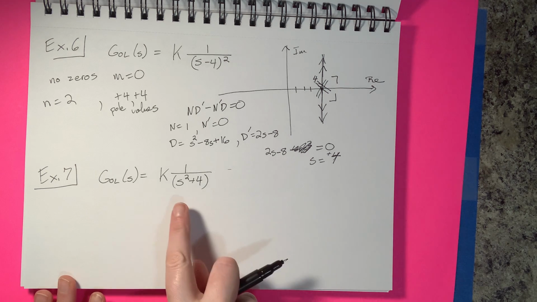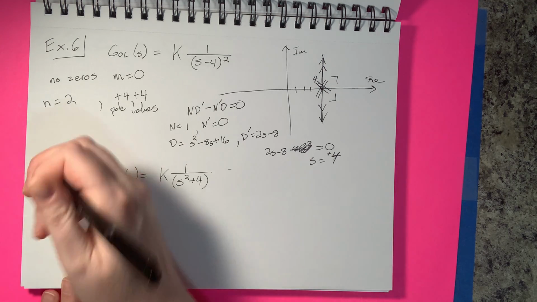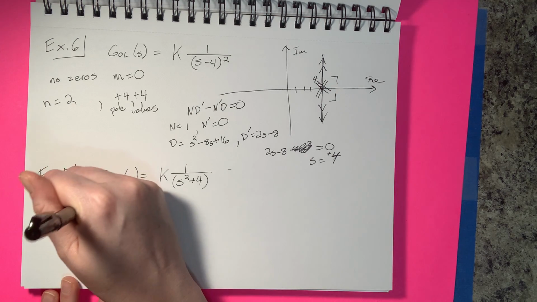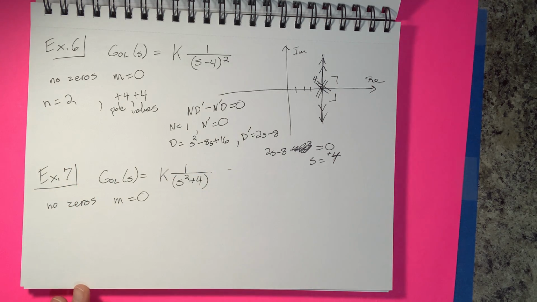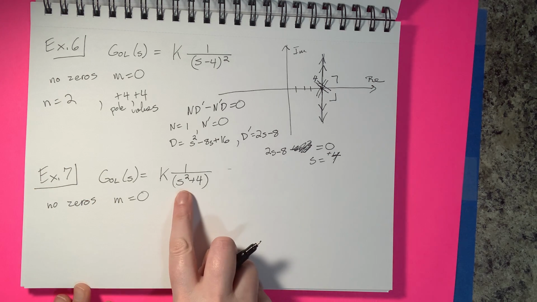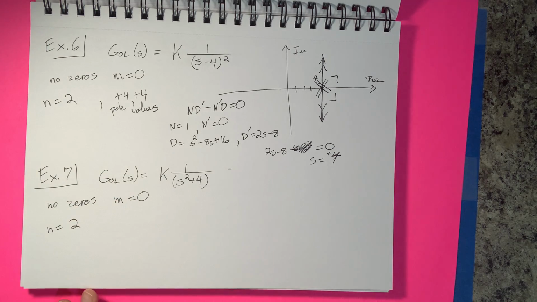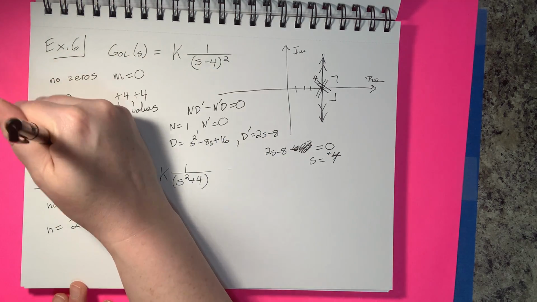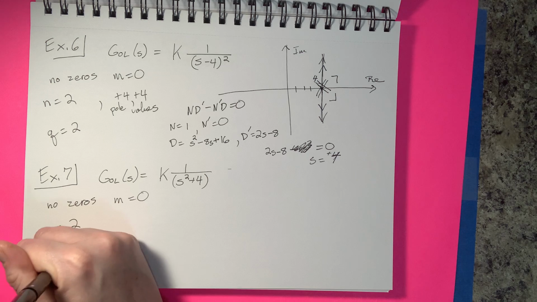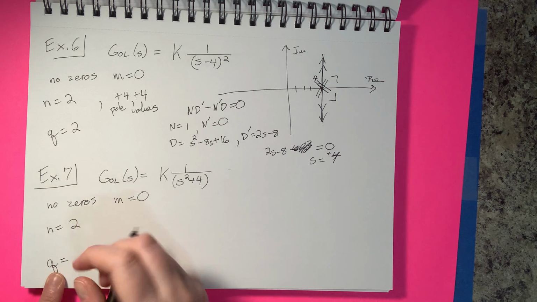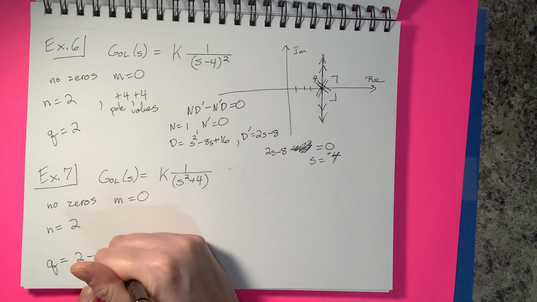Example 7, this is a similar example, except in this case we have an s squared. Okay. All right, so again we have no zeros. M is equal to 0. But we can say that we do have 2 poles, and we have an s squared term, so n equals 2. Again, I keep forgetting to write out the q, but q should be 2 up here, and let's go ahead and calculate that, n minus m, so 2 minus 0, we should have 2 virtual zeros, again.